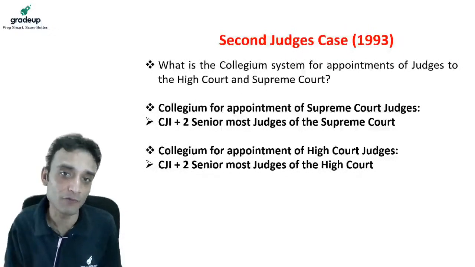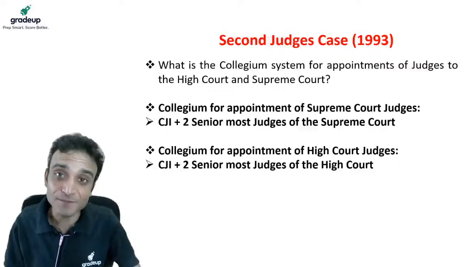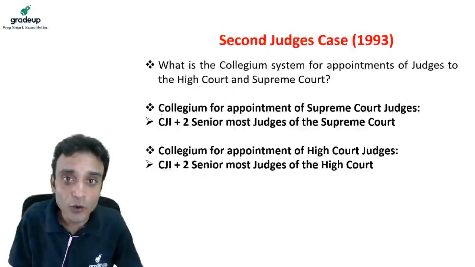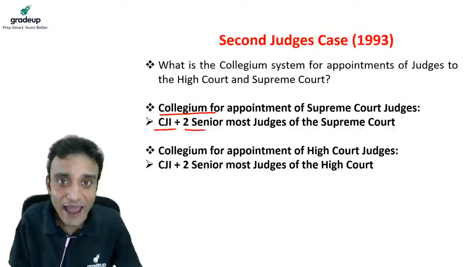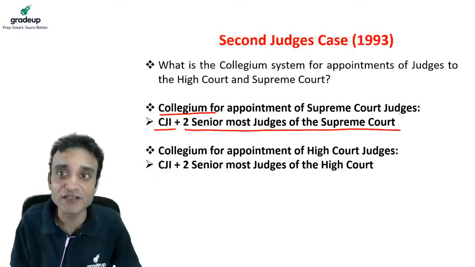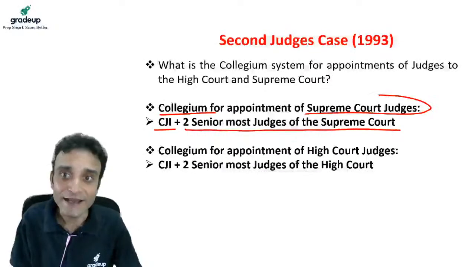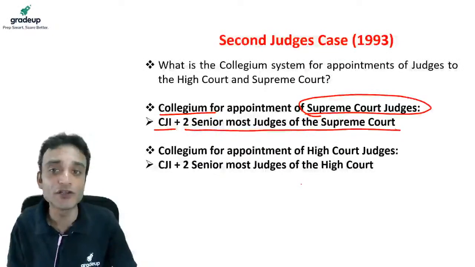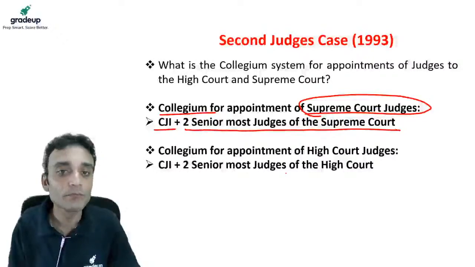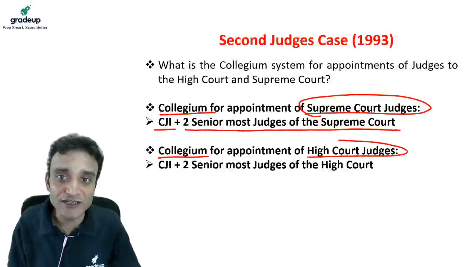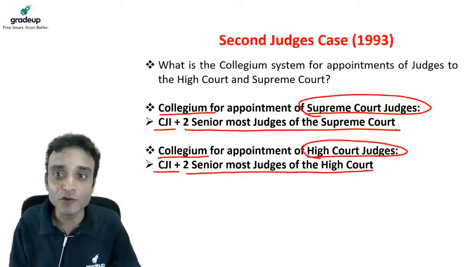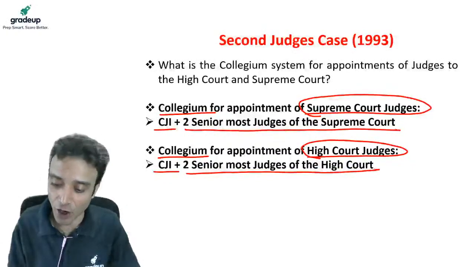Now, as per the second judge's case, the collegium comprised of the Chief Justice of India and two senior-most judges of the Supreme Court insofar as appointment to the Supreme Court is concerned. And the collegium, insofar as the High Court judges' appointments is concerned, consisted of the Chief Justice of India and two senior-most judges of the High Court.